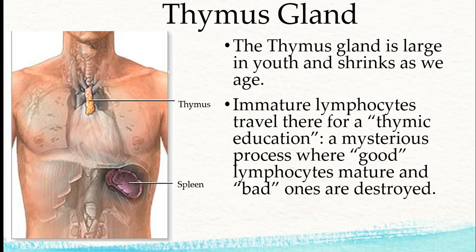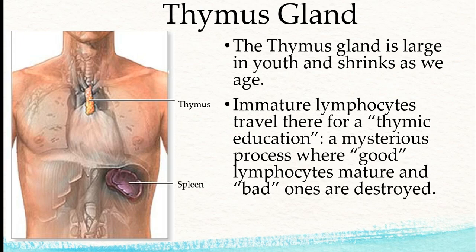So immature lymphocytes travel there. The lymphocytes are made in the bloodstream, right? They may get proliferated in the lymph node, but they will come to the thymus gland, and there's this mysterious process called thymic education. It changes them, okay? It makes good lymphocytes mature, and the bad ones are destroyed, okay?